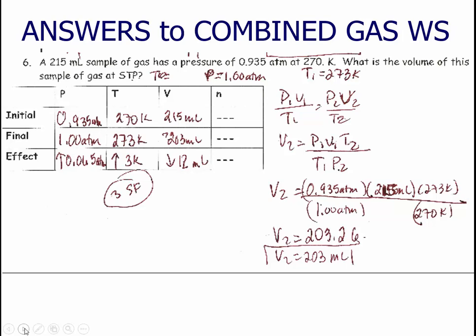Again, 3 significant figures. If you look at all of those, the 273 Kelvin is going to have 3 sig figs in it. And it did say a gas at STP. Remember that STP is going to be 1 atmosphere, and the temperature is going to be 273 K.